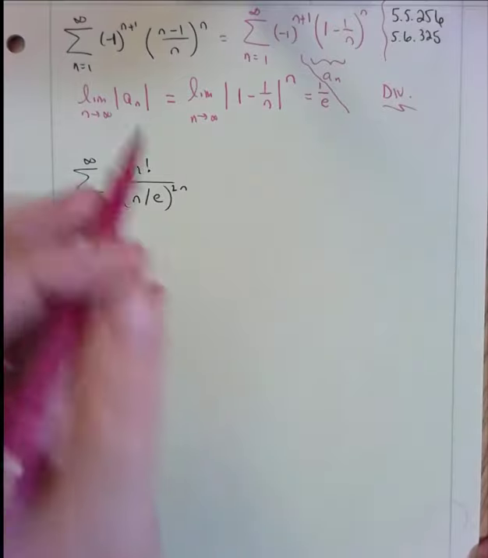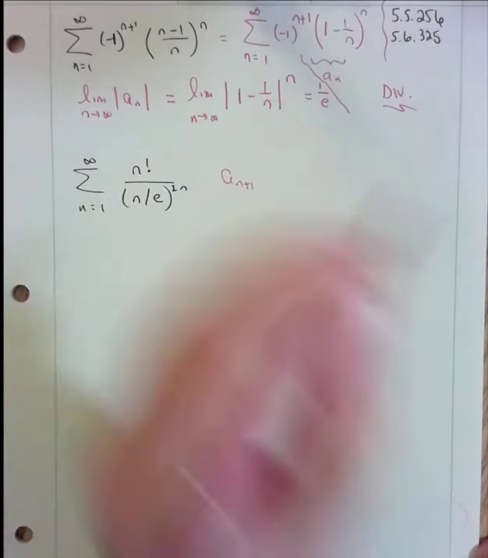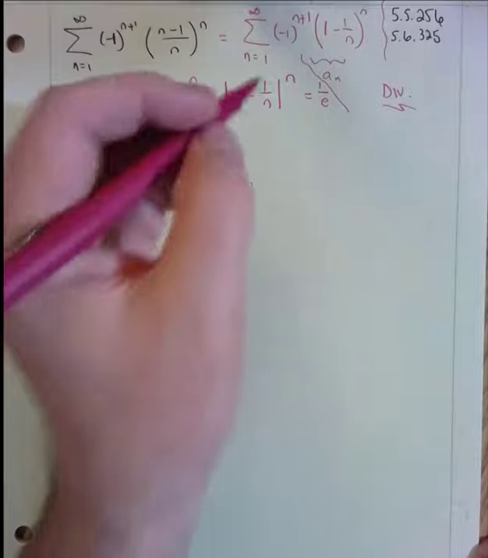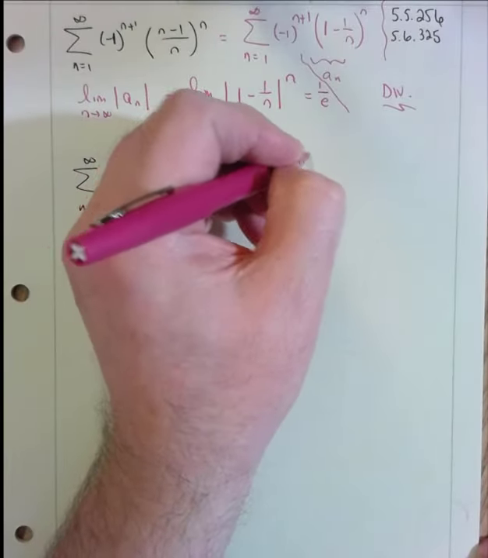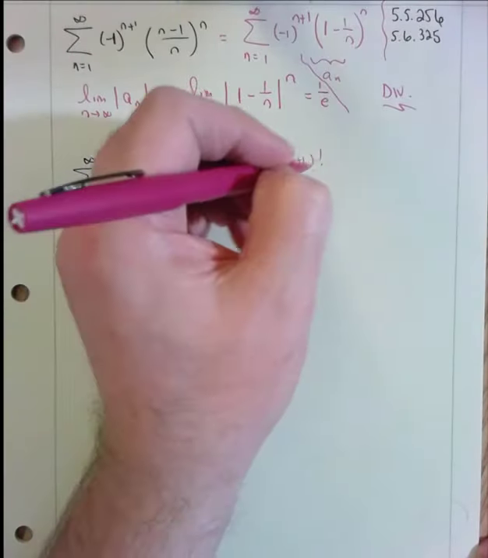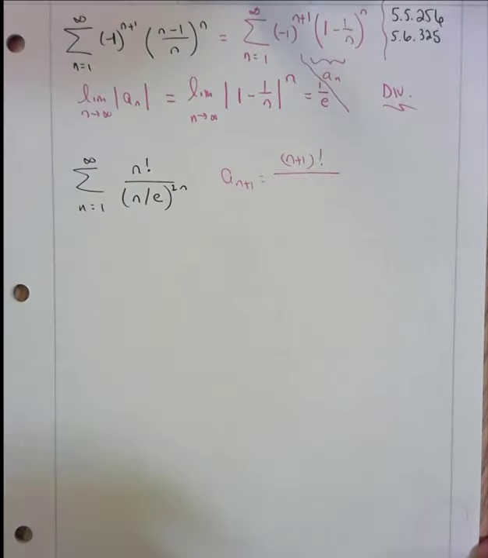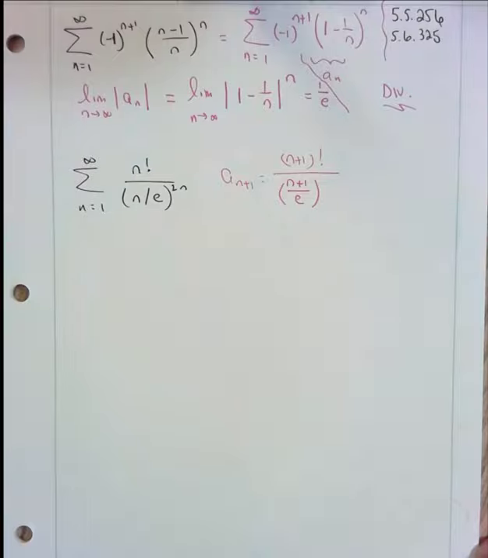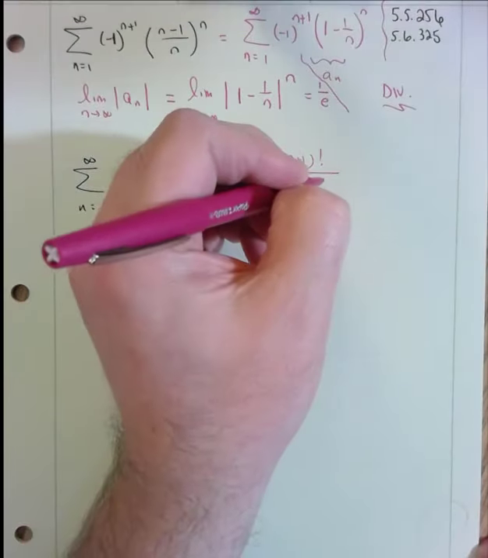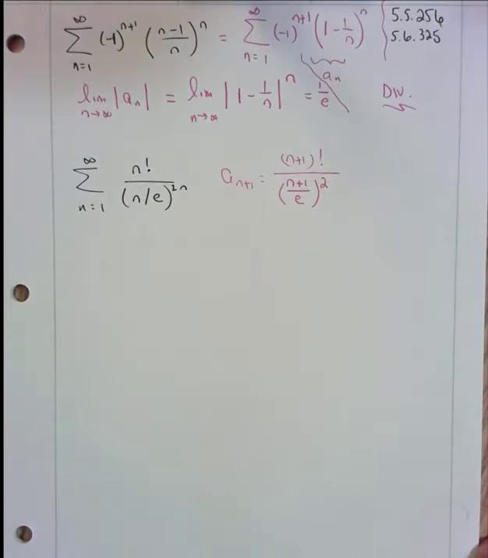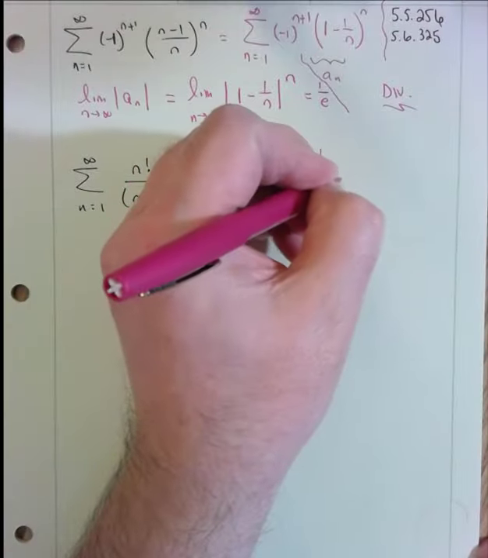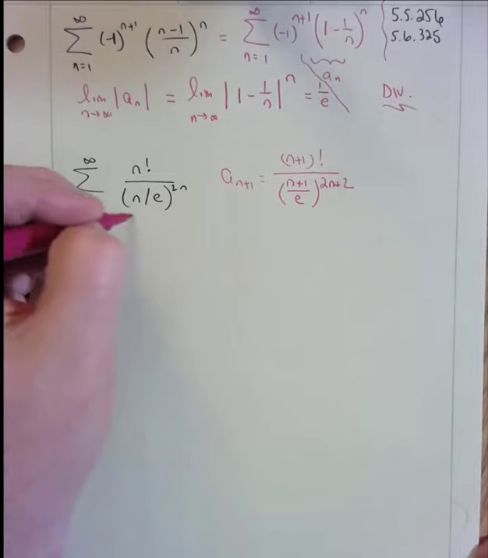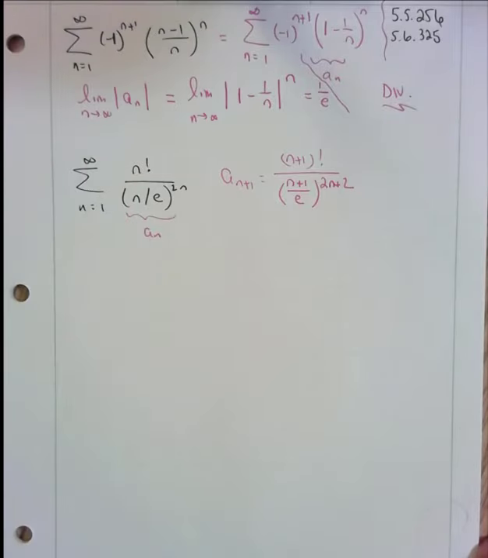So I'm going to build a sub n plus 1 for this particular beast, and this will be n plus 1 factorial instead of n factorial over, and then I'm going to draw this as a fraction in a fraction, n plus 1 over e. Now 2 times the quantity n plus 1 is 2n plus 2, so I'm just going to go ahead and write it out this way. And remember that this whole thing right here is a sub n itself.